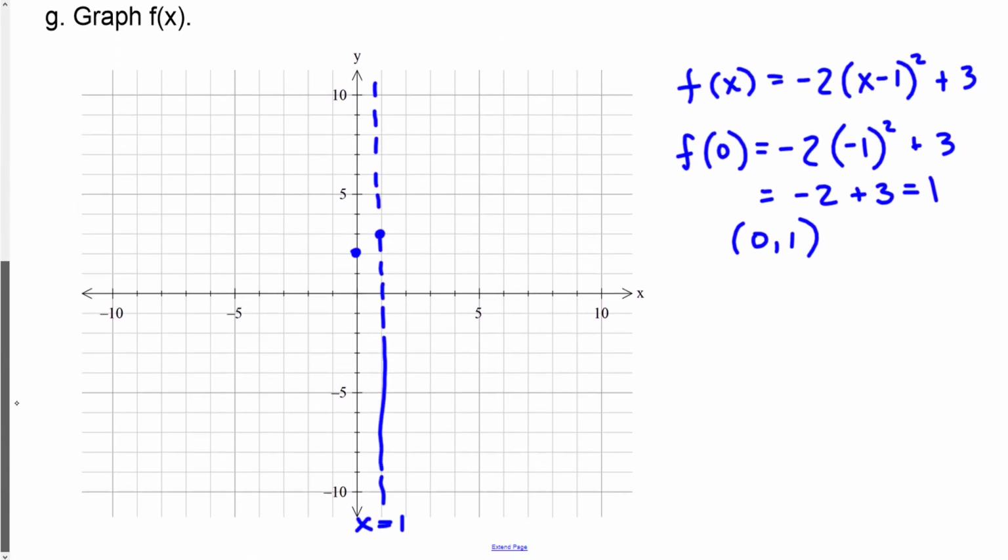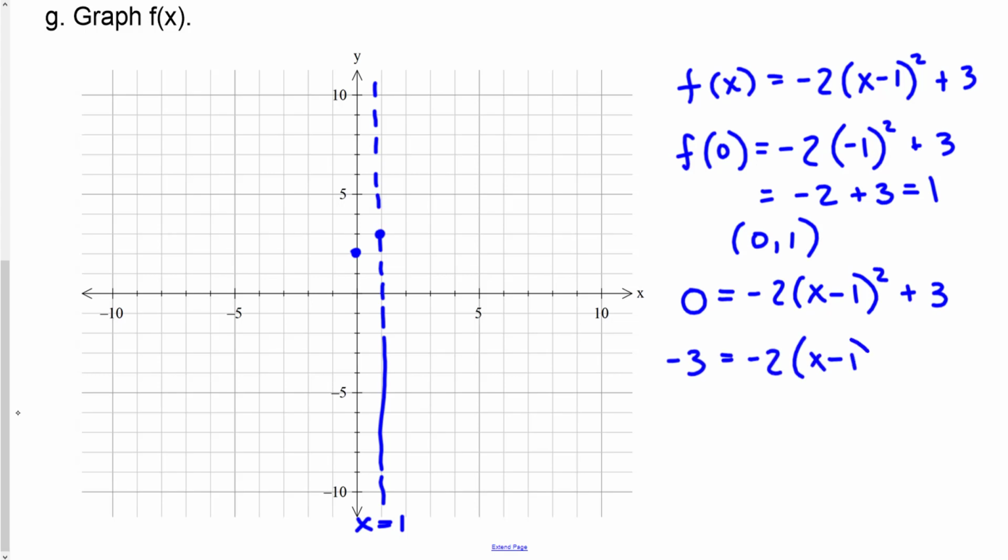The x-intercepts, these occur where your function itself is equal to 0. So if I take the function itself, set it equal to 0, and solve, let's see what we come up with. So I'm going to subtract 3 from both sides, divide through by negative 2.